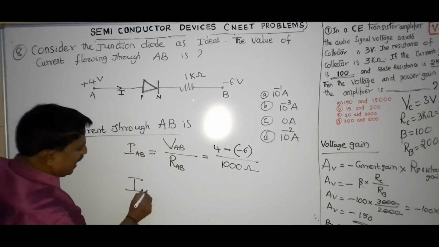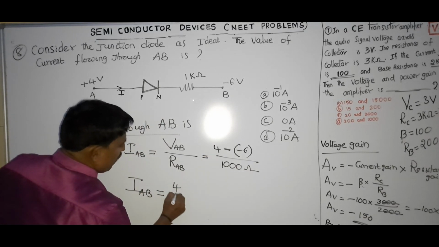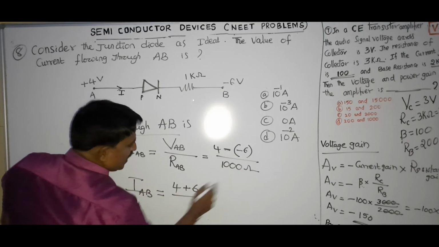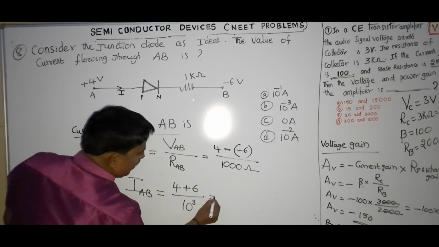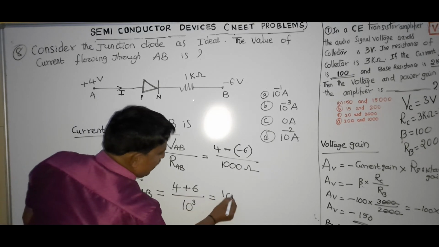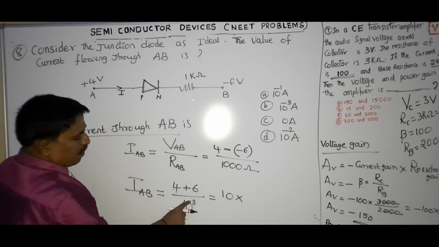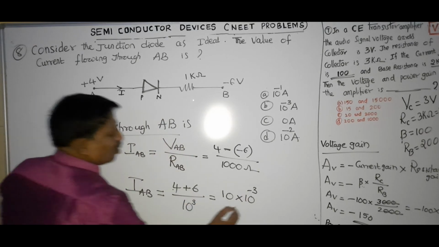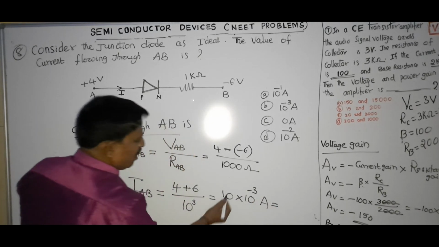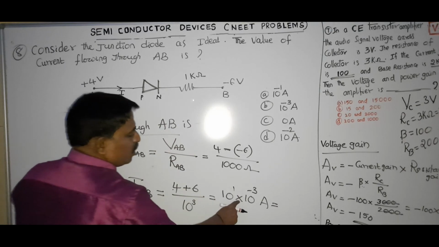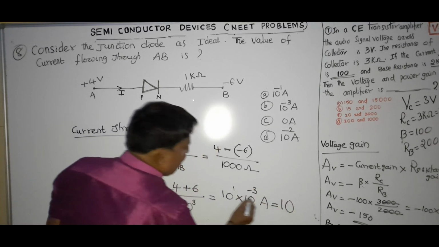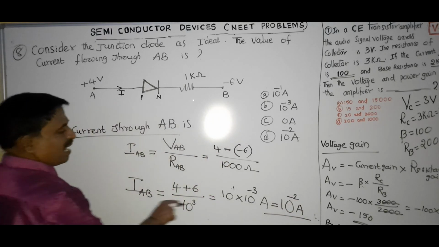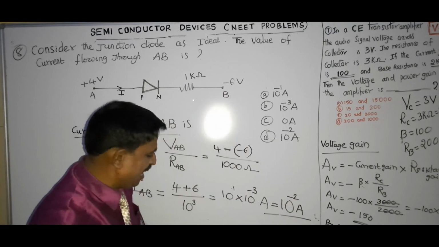Current through AB is equal to 4 minus of minus 6 by 1000, which can be written as 10 power 3. 4 plus 6 is 10, into 10 power minus 3. Current unit is ampere, that is equal to 10 power 1 into 10 power minus 3, which is 10 power minus 2 ampere. This is the current through AB.